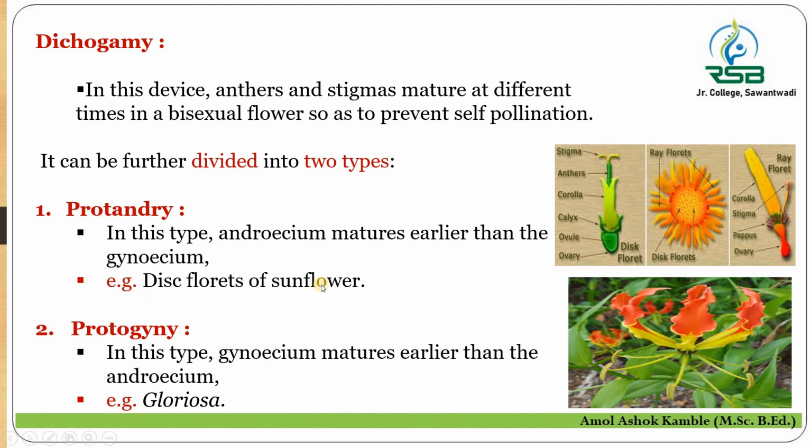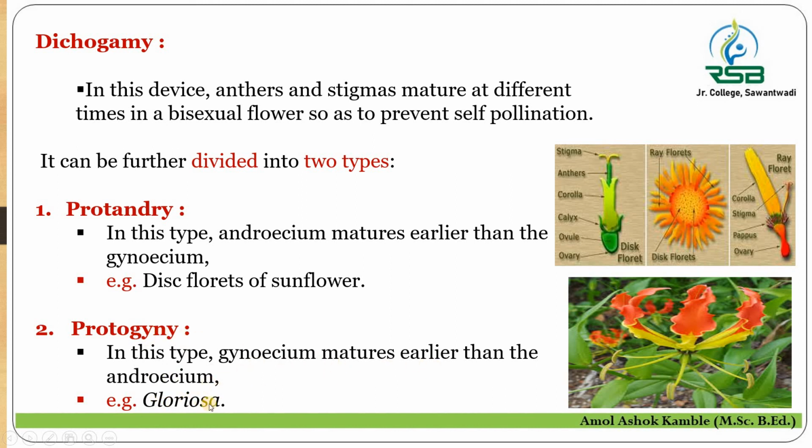For example, the sunflower plant where two types of florets are present, that is the disc florets and the ray florets. In this diagram we can see that there are disc florets and at the outer side there is presence of ray florets in case of protandry. In case of protogyny, the gynoecium matures earlier than the androecium.